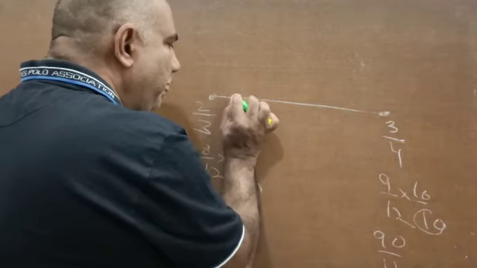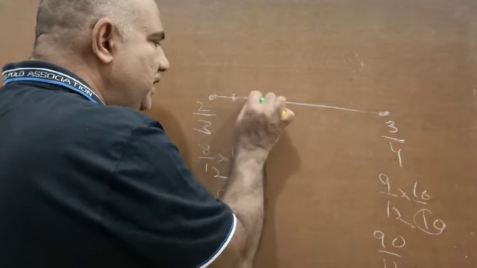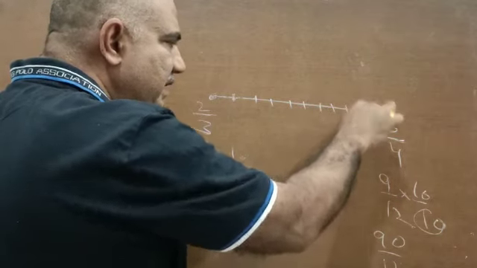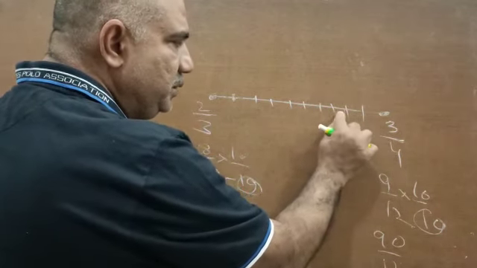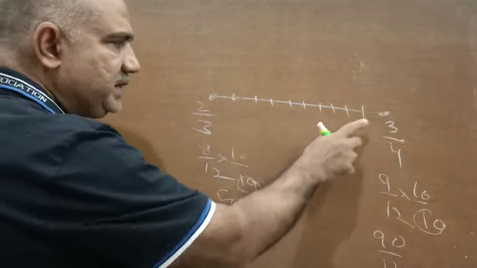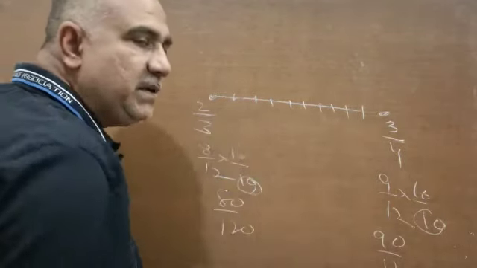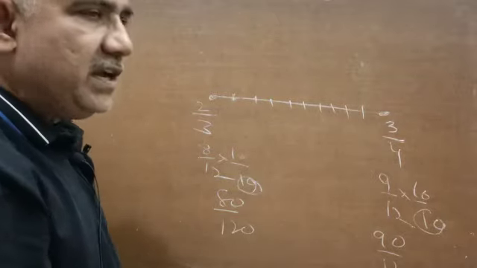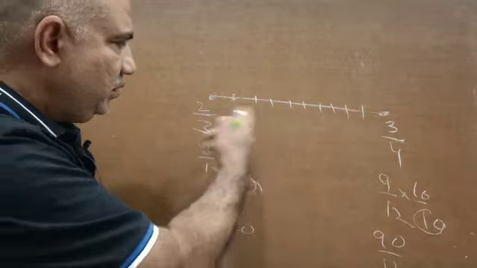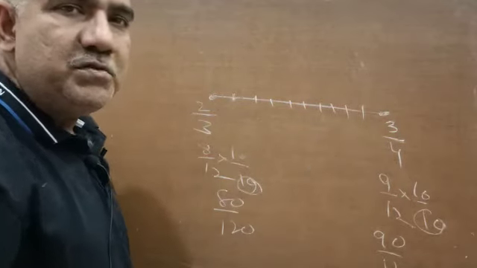We can see that here: 1, 2, 3, 4, 5, 6, 7, 8, 9. And 1, 2, 3, 4, 5, 6, 7, 8, 9, 10 equal parts. This space between 2 by 3 and 3 by 4 has been divided by putting 9 dots or lines, and every line or dot on this length corresponds to a number.